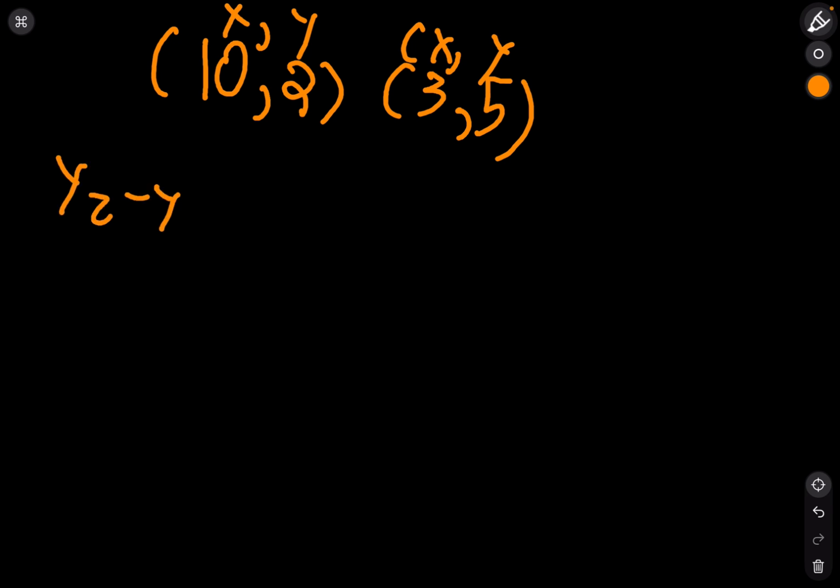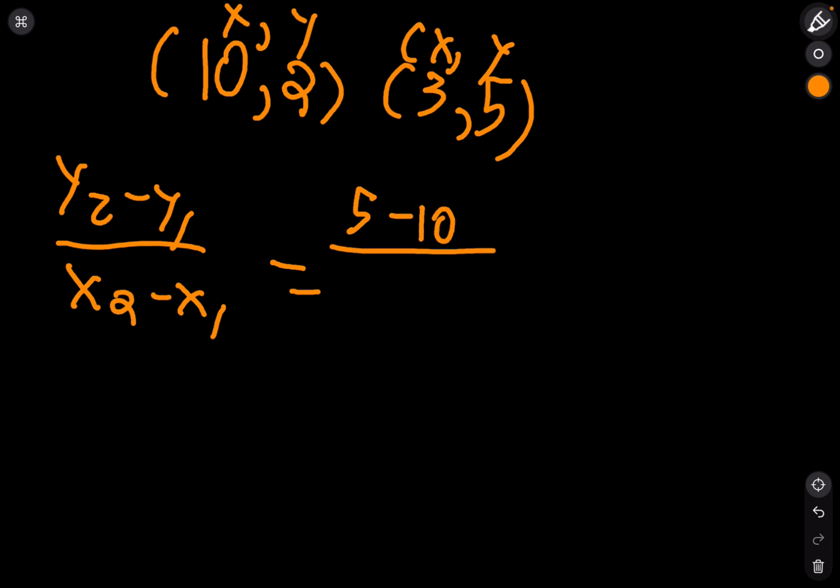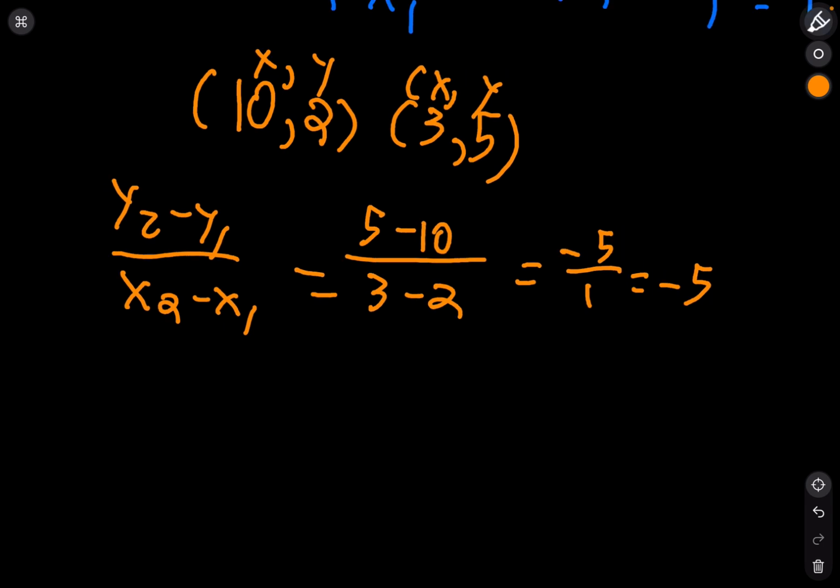So now, using our equation again, we just do 5 minus 10, then 3 minus 2. And then, obviously, for 5 minus 10, you'll get a negative number, so it's just negative 5 over 1. So our slope for this one is just negative 5.